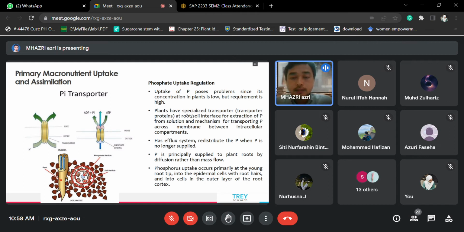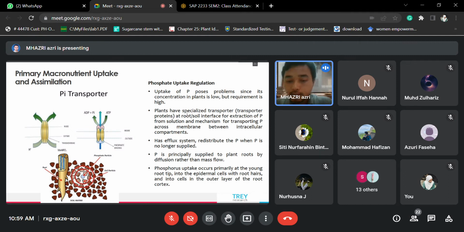Okay, so same goes like nitrogen. Plants also have specialized transporters to move phosphorus or phosphate from soil solution into root tissues. Phosphorus also has efflux systems, okay, macam nitrogen tadi. So this process actually untuk redistribute the phosphorus when phosphorus is no longer supplied.